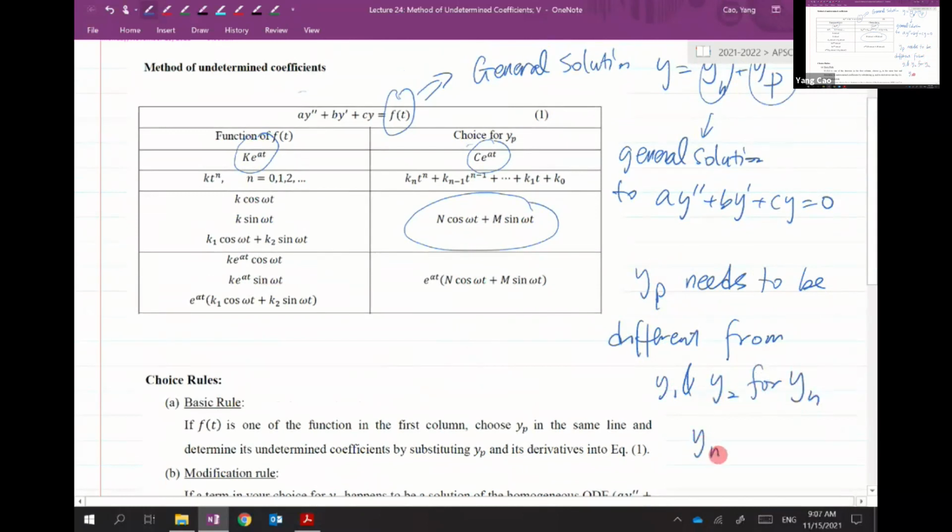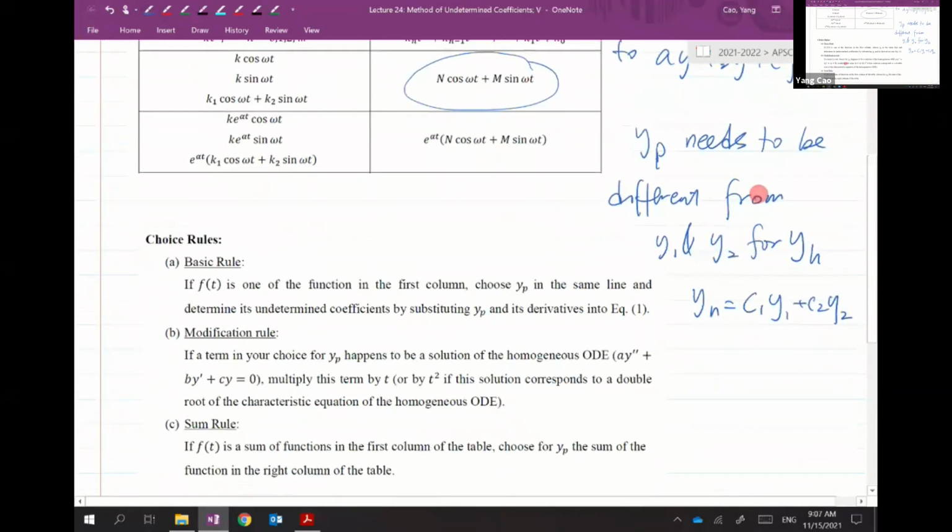YH equals C1 Y1 plus C2 Y2, if you recall. So your YP has to be different from the two basis solutions inside the YH, the general solution for the homogeneous second order differential equation.